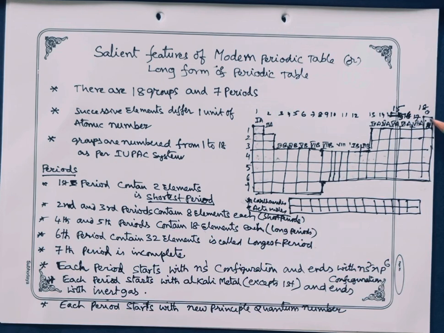Helium, neon, argon, krypton, xenon, radon have the general configuration ns2 np6. So each period starts with an alkali metal except the first period, and ends with the inert gas. That is the reason.